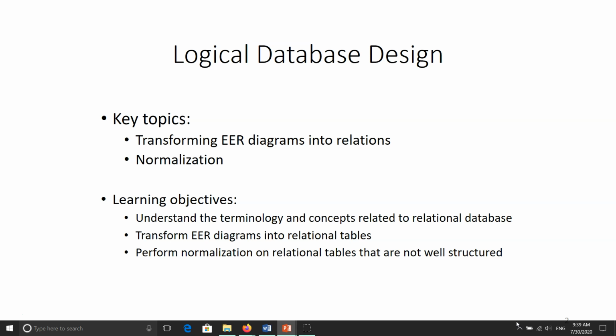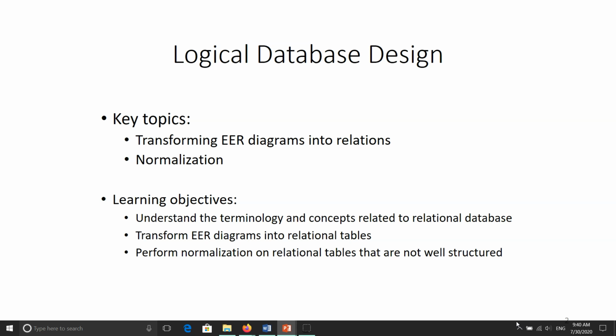At the end of this module, you should have accomplished the following learning objectives. First, you will understand the terminology and the concepts related to relational database, which is the most common type of database that you are going to encounter at work. So understanding the terminology and the concepts will be very useful when you are involved in a database or application development project in the future.